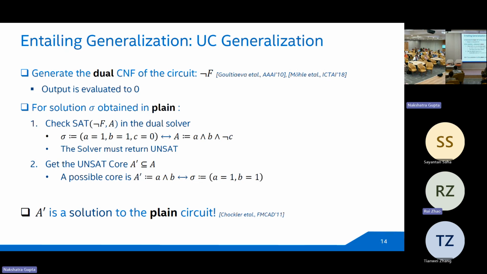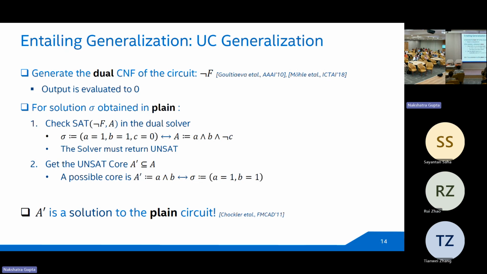Now, every time we have a solution in our original circuit, we can do the following. We take our dual CNF formula and our current solution as a cube of assumptions. So if I have the assignment A is 1, B is 1, C is 0, I take the cube A and B and not C. And now I ask a SAT solver, is it satisfiable? Note that at this point, the solver must return unsat, since by definition, this is a solution to my original plain circuit.